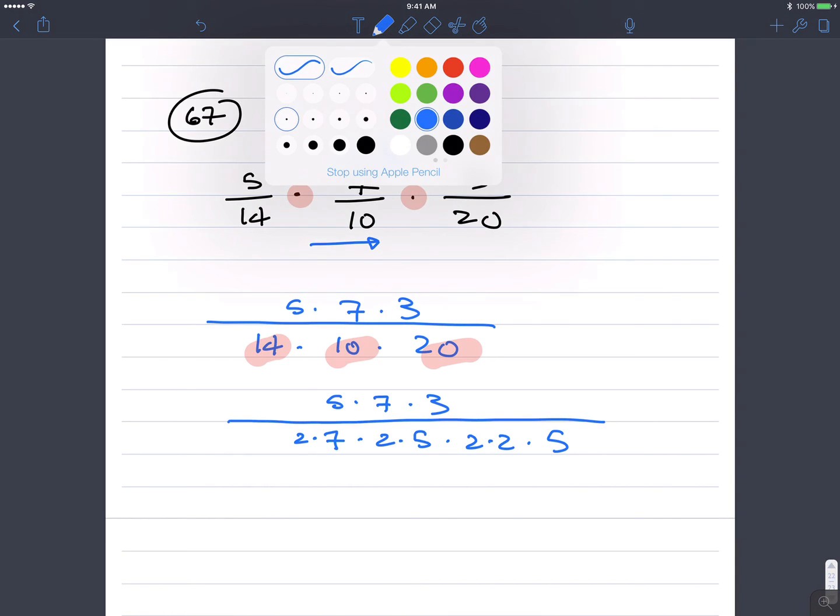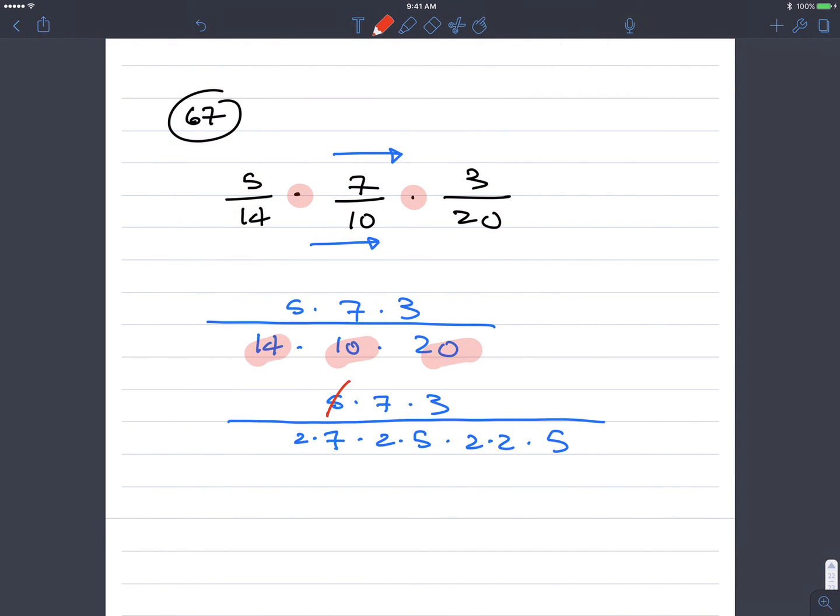Now we're going to use the cancellation property. 5 on top and bottom go away. 7 on top and bottom go away. And it looks like a 3 remains because there are no 3's in the denominator. So my final answer is going to be 3 over, we have to find out what the product of 2 and these numbers here are.